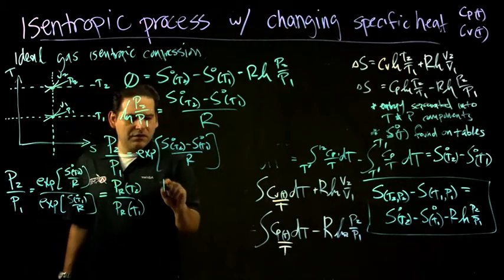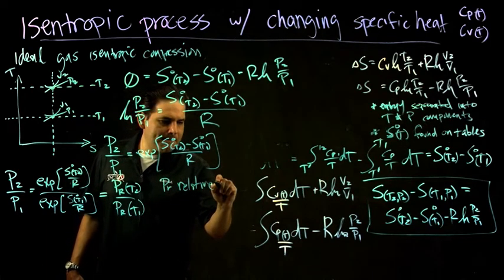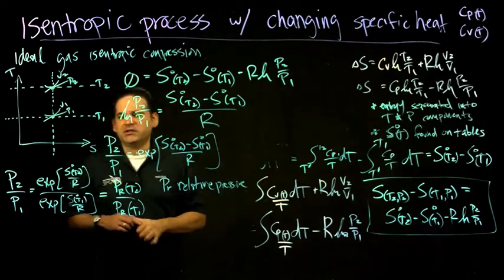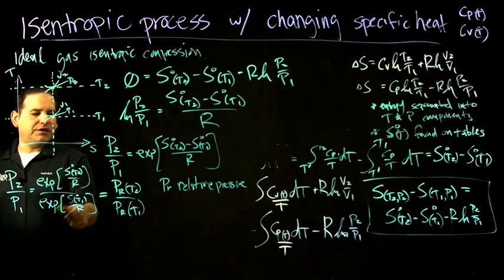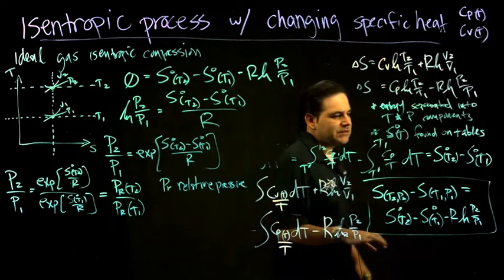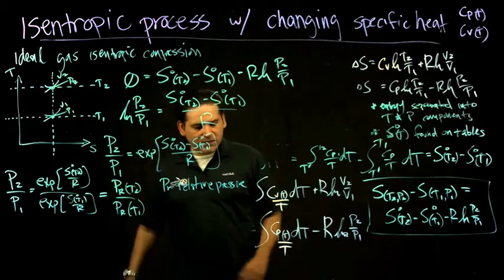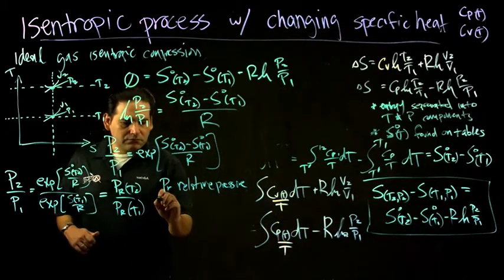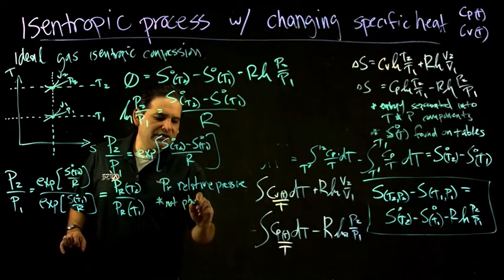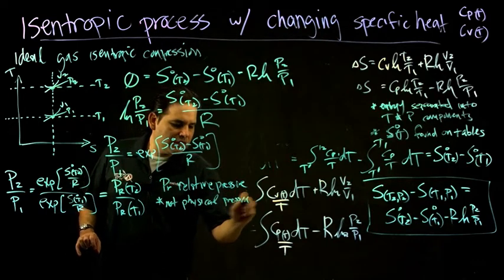So this Pr that we just defined is given by this expression here. It's called relative pressure because it's related to this pressure ratio, and it's not physical because it's this exponent here, but it's used in the context of constant entropy.